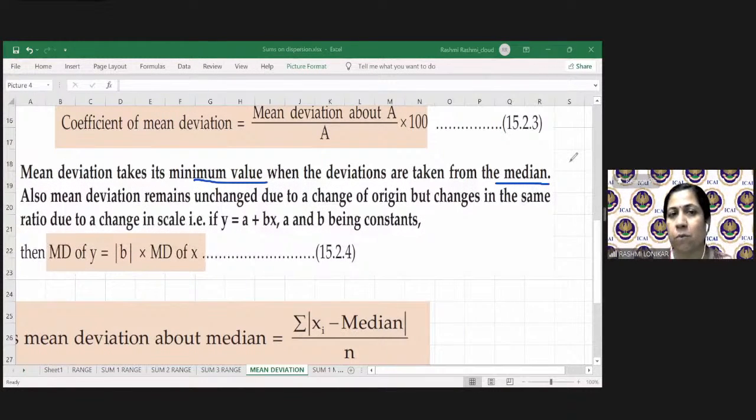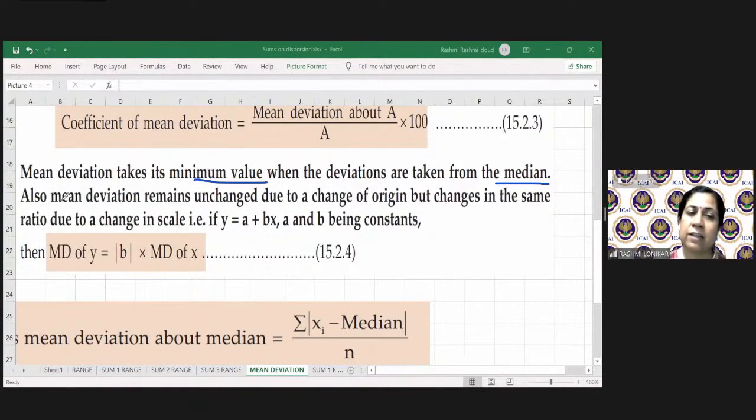So it's a very important sentence: mean deviation takes its minimum value when the deviations are taken from the median. Don't worry about how it has been done, because there is an explanation to it, but we don't have that much in the syllabus because we are not supposed to prove it. All I need to remember is that mean deviation takes a minimum value when the deviations are taken from the median.